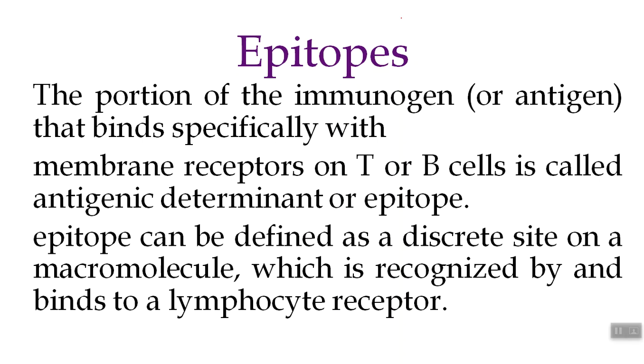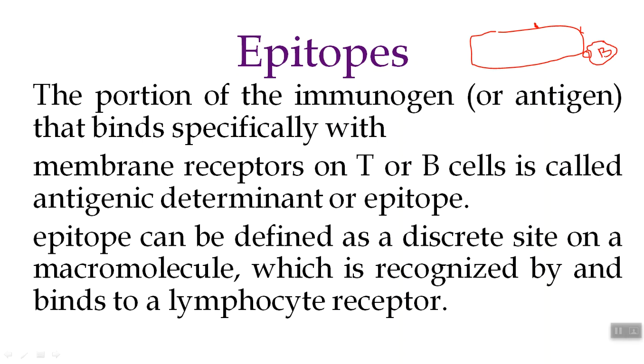So on the surface of the foreign substance, we'll find certain molecules, and these molecules specifically interact with the B cell receptor or the T cell receptors. So they are called the antigenic determinants or the epitopes.